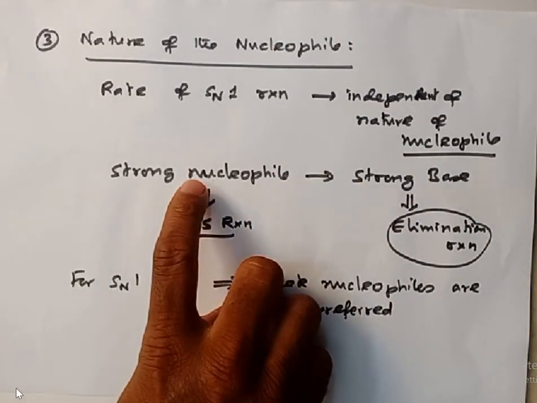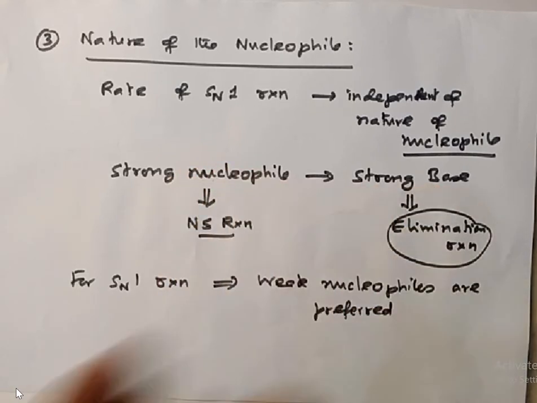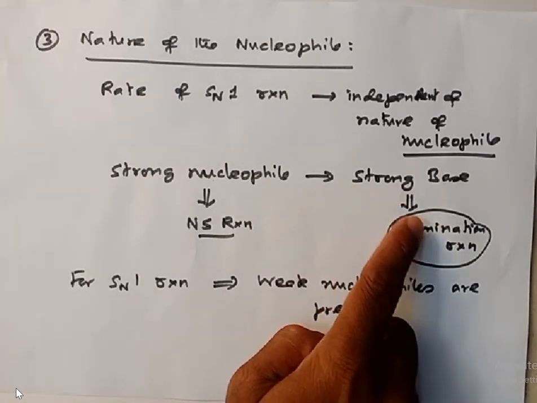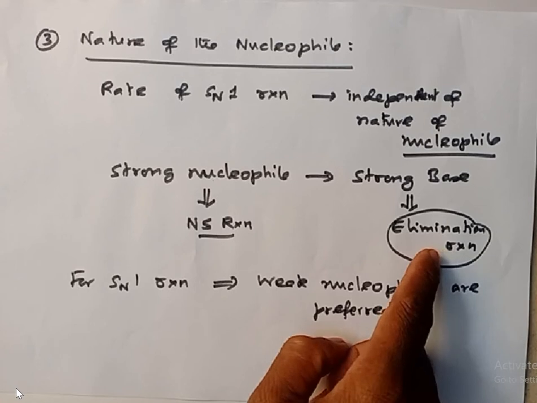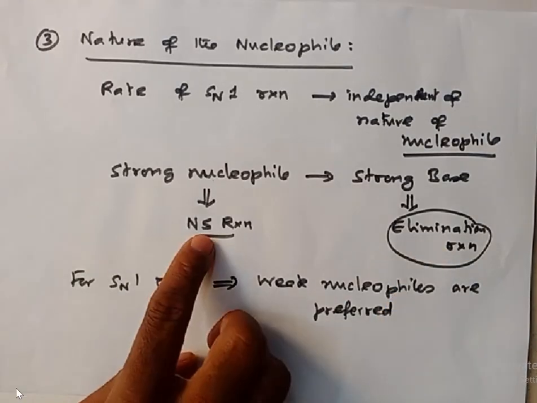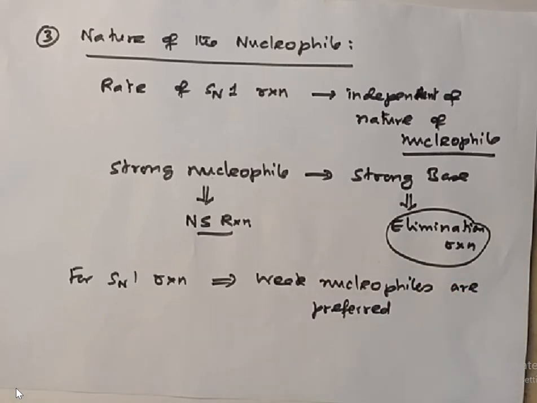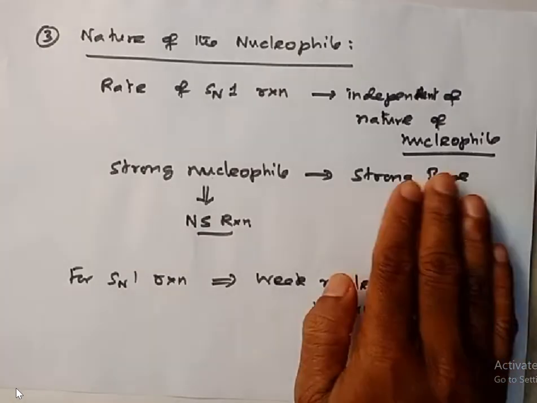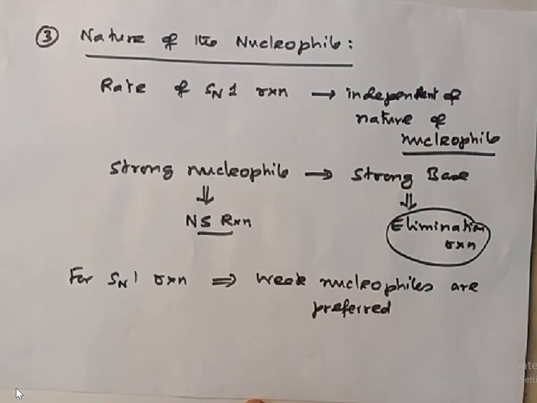Most of the time a strong nucleophile can also act as a strong base, and that strong base will give an unwanted elimination reaction along with the nucleophilic substitution. If you want to avoid that elimination, you should choose weak nucleophiles.